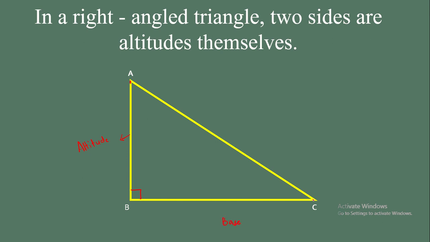But if we try to draw the altitude from vertex C, then CB becomes the altitude and AB becomes the base.